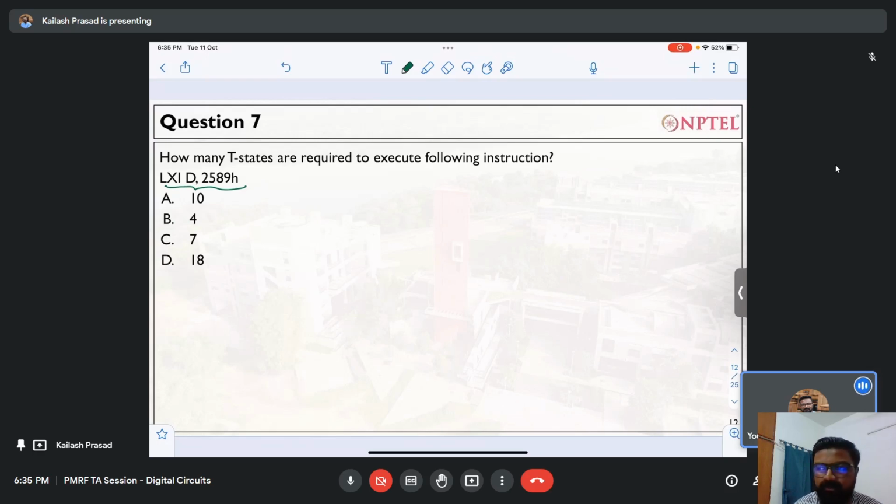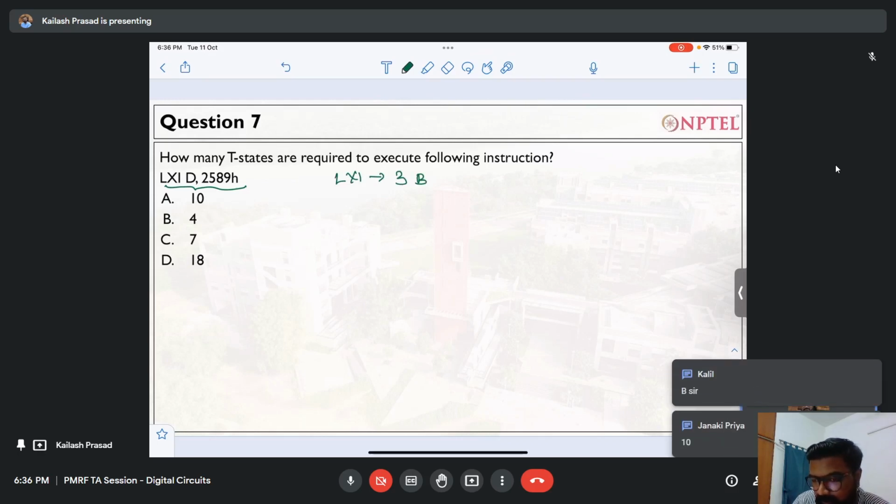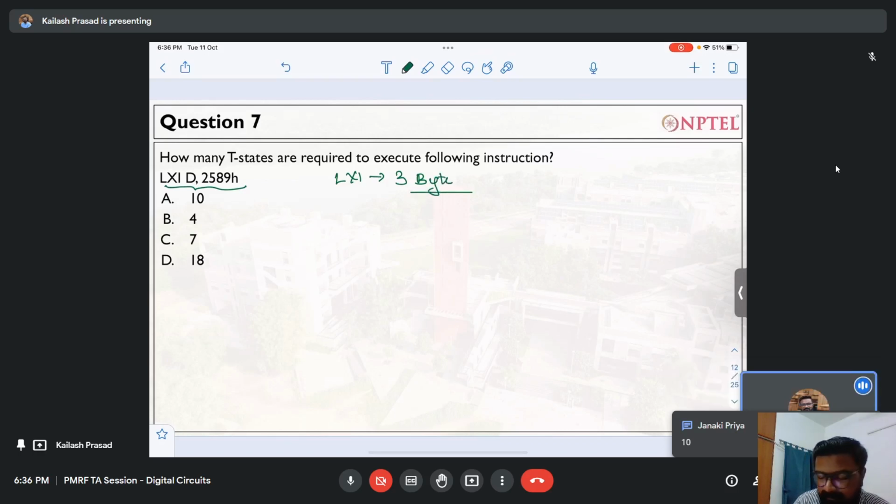If you know that, the answer is straightaway. LXI is a 3 byte instruction, and I have said that if an instruction is 3 byte, the answer will be 10 T states.